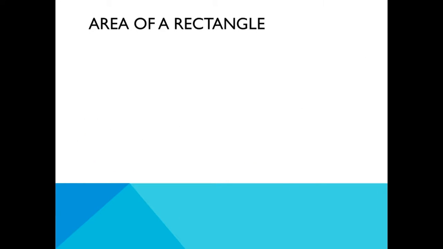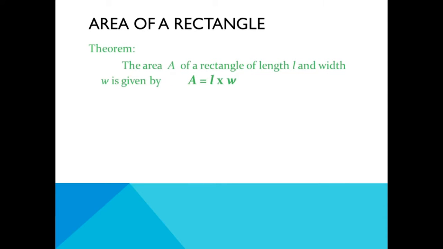The formula for finding the area of a rectangle is given as follows. The area A of a rectangle of length L and width W is given by A is equal to length times width.